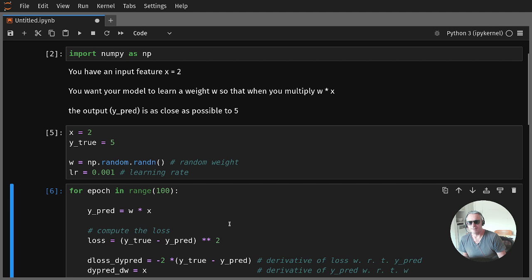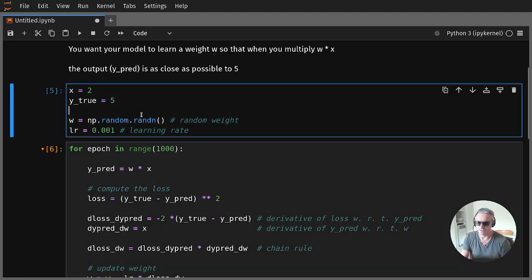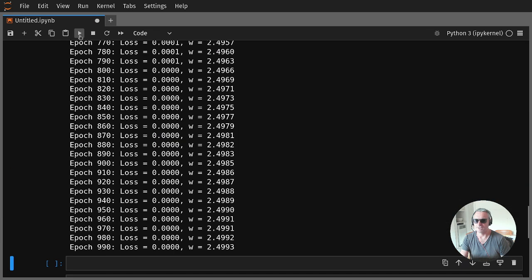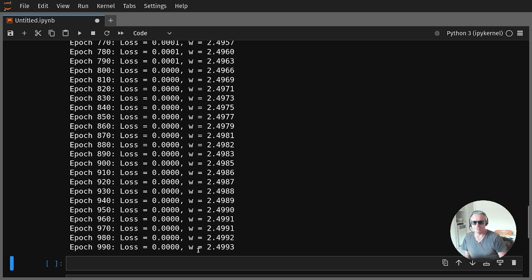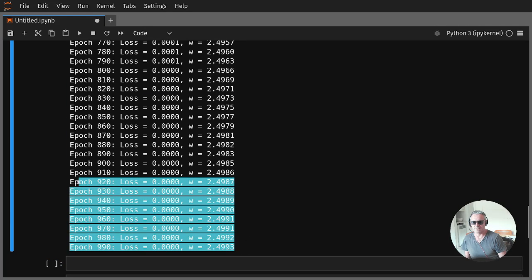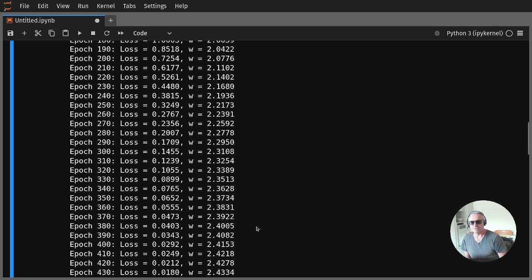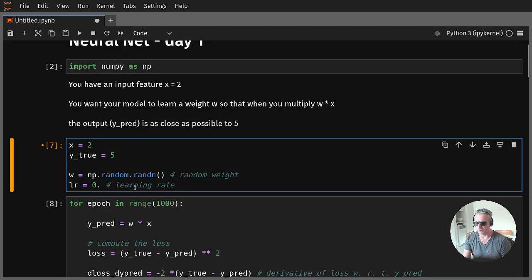I've got a bigger error there. So let's do 1,000. This is just some quick and dirty experimenting. See, that's quick as well. What you're seeing is that we're arriving at the correct answer quite a while before we complete the code. So if we make the learning rate, let's go for 0.4.